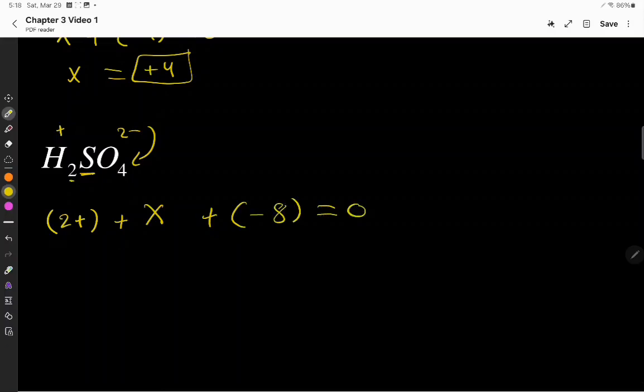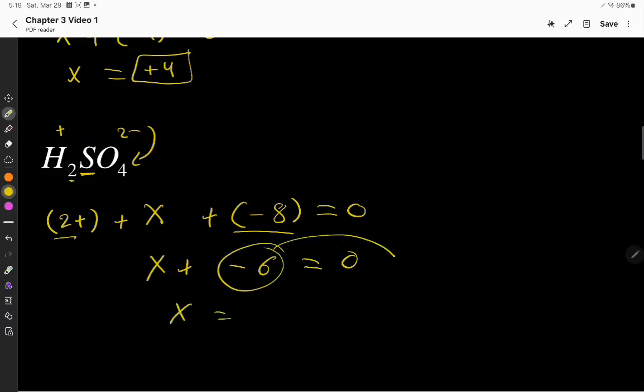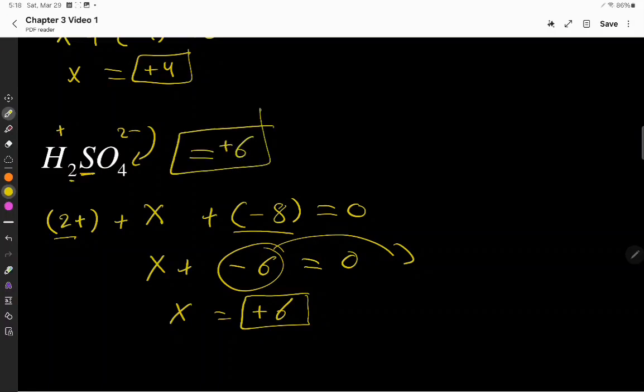This is all a neutral compound, so it must equal 0. 2 positive plus 8 negative, it will be X plus negative 6 equals 0. X equals, after moving it, positive 6. So what is the oxidation number of sulfur? You will see it equals positive 6 in this compound.